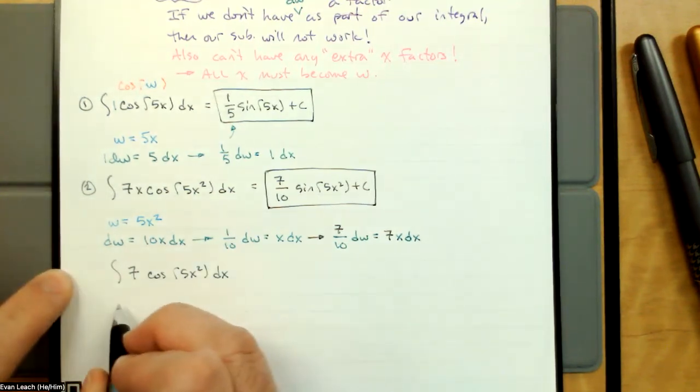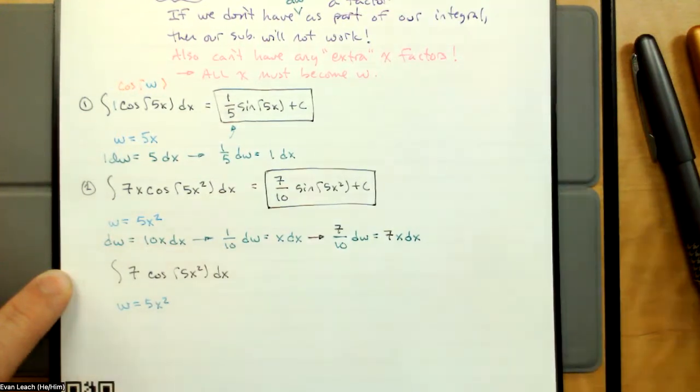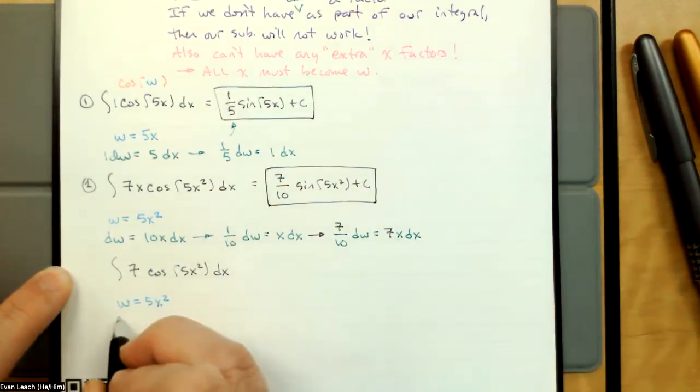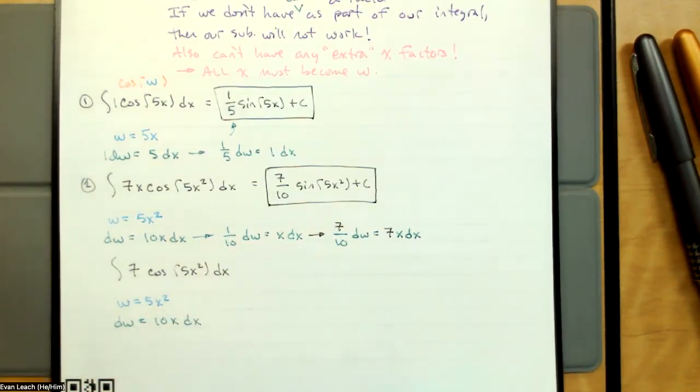If I want to make the substitution w equals 5x squared, then dw is 10x dx, and we realize we don't have an x to be the dw. We don't have an x to be the dw, and that's what makes this substitution work.